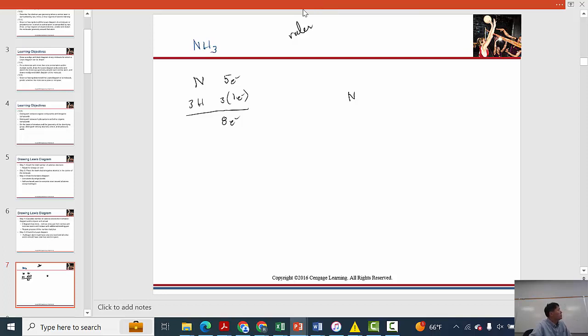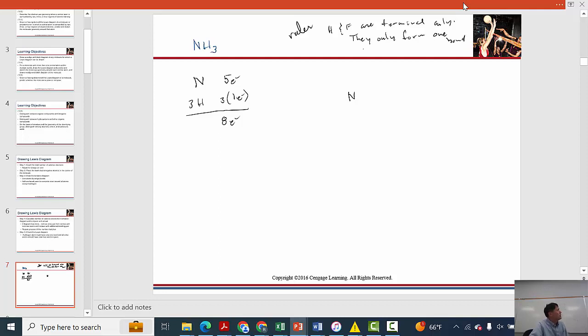But one of the rules is that hydrogen and fluorine are terminal only. Another way of saying this is they only form one bond.